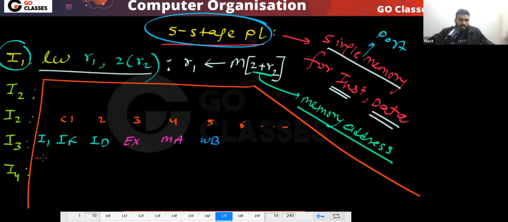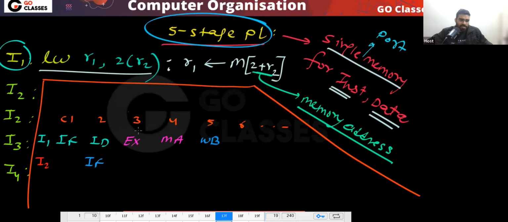Now, for instruction I2: when I1 is decoding in the second cycle, the instruction fetch hardware is free, so you can fetch instruction I2.